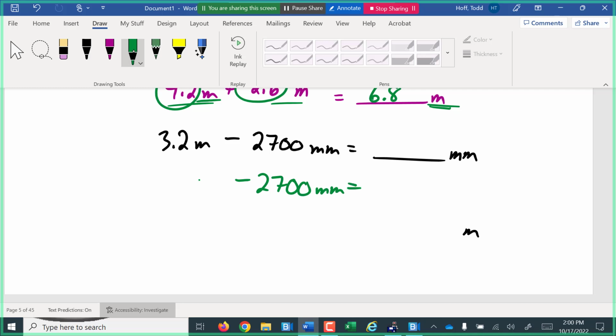The 3.2 meters would become how many millimeters? 3,200. 3,200, perfect. So now I subtract 3,200 minus 2,700 is 500 millimeters, perfect.